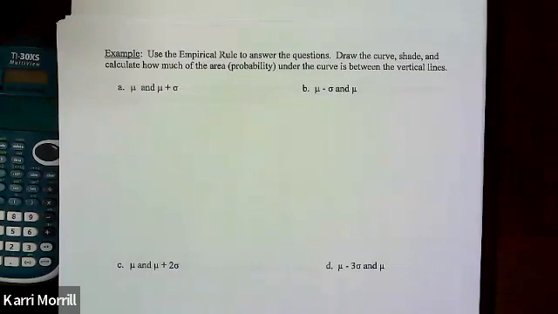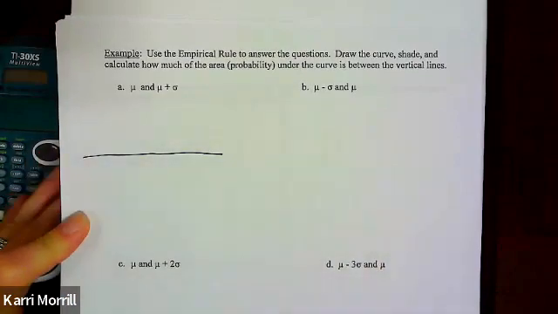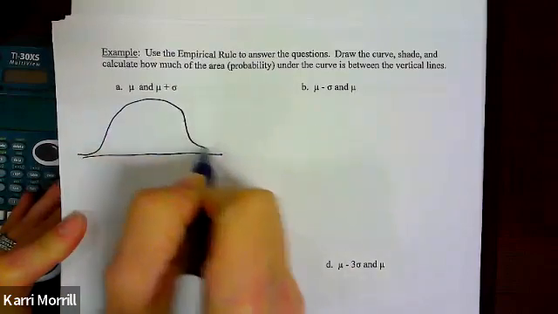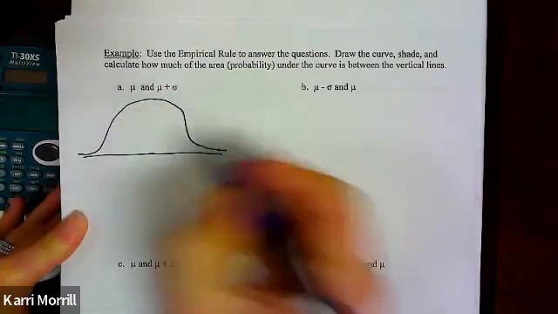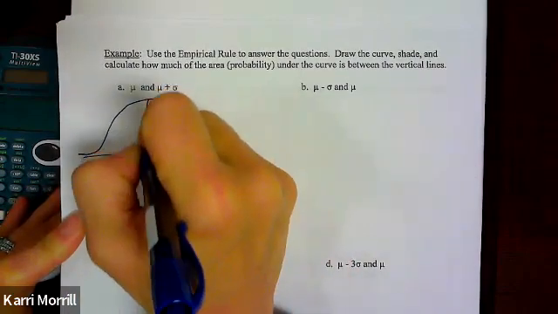Use the empirical rule to answer the questions. Draw the curve, shade, and calculate how much of the area or probability under the curve is between the vertical lines. So if we drew the empirical rule, if we drew a bell, just to represent this is just very basic standard. They're not giving us values for it, but this is representing your mean right in the middle.